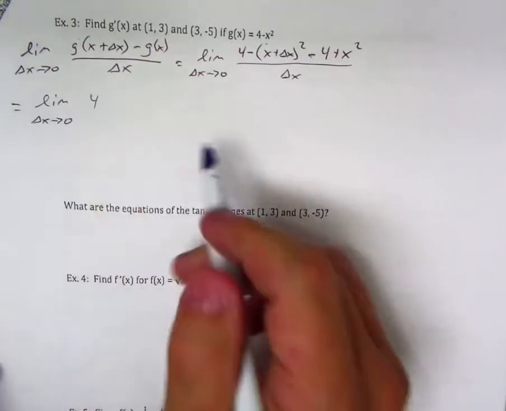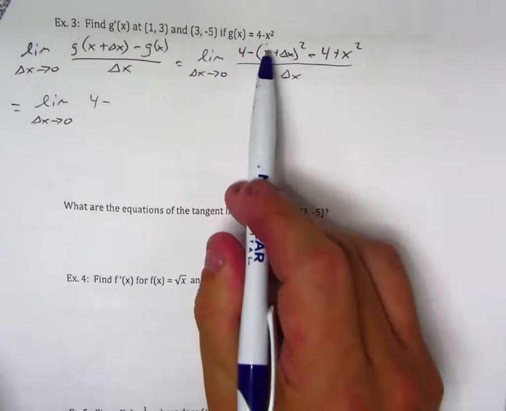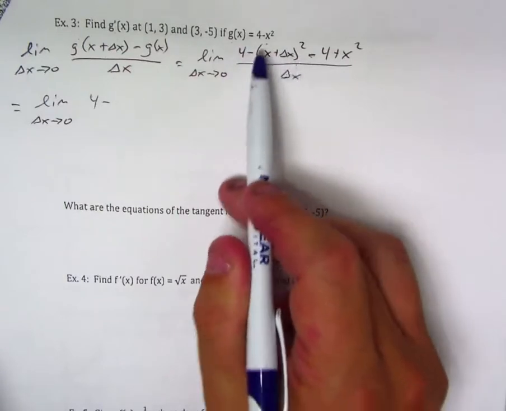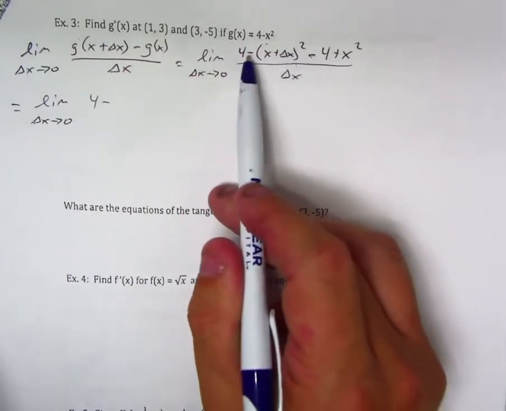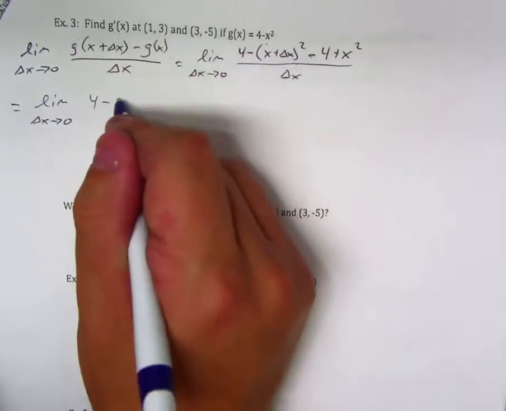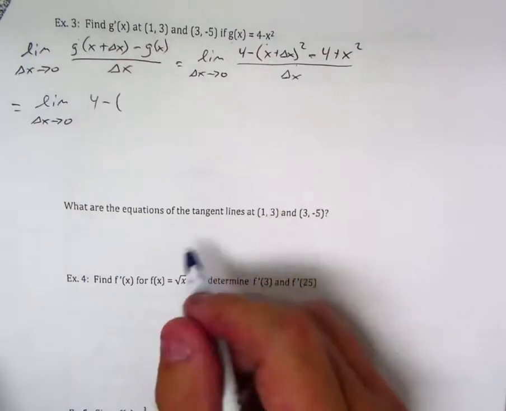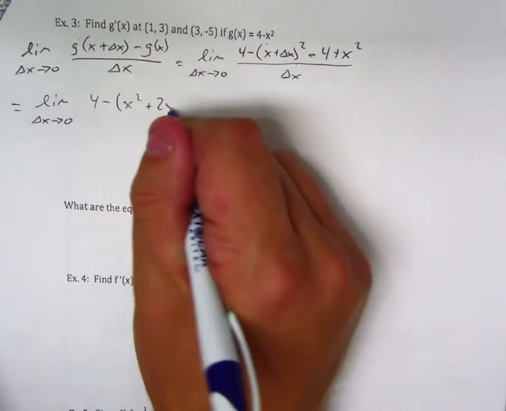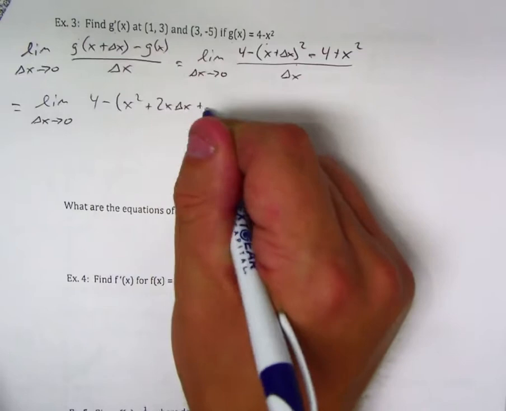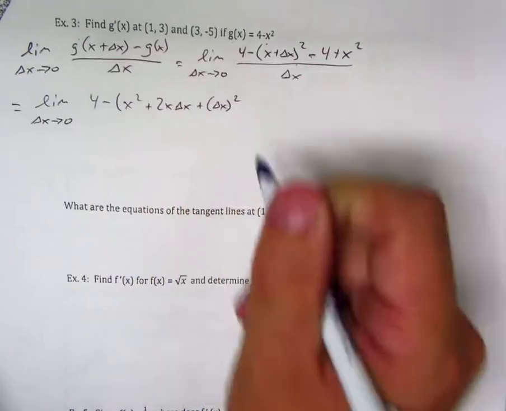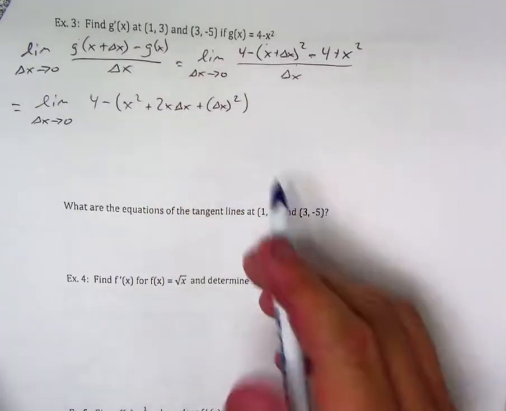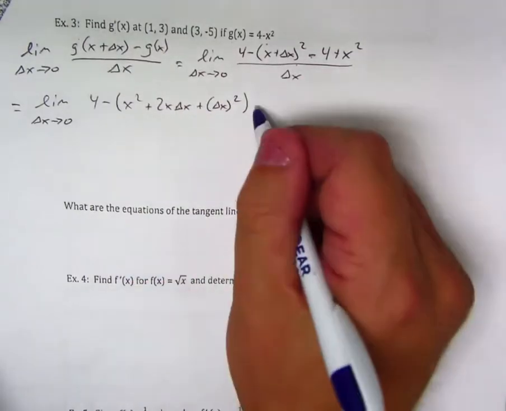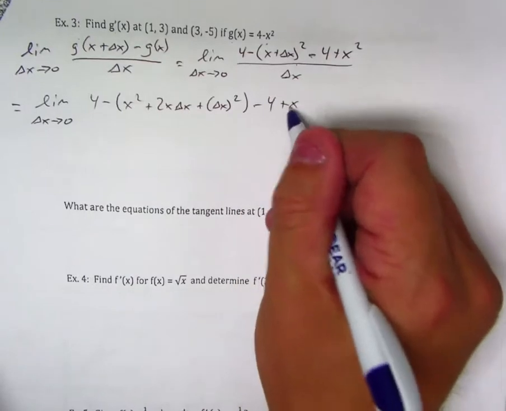So 4 minus, now keep in mind, this is a quantity itself. When we square this, we're subtracting the whole quantity. So we're going to put this whole thing in parentheses that we're about to find. So square x, double the product, square the second. So we squared that binomial, minus 4 plus x squared.